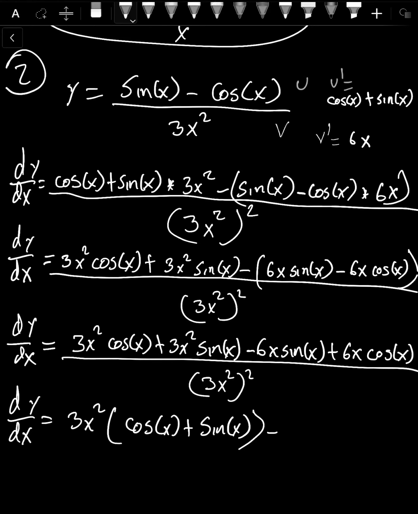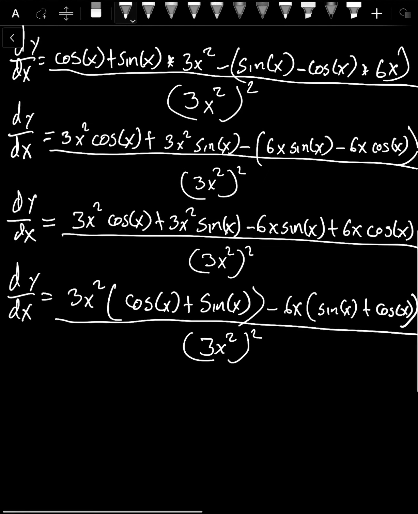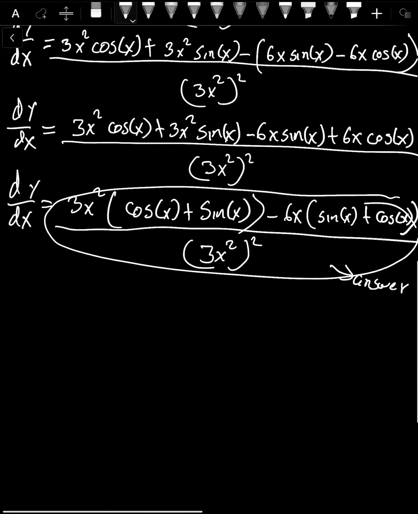Minus, we can factor out the 6x. So let's factor out 6x times sine of x plus cosine of x. There you go. All these over 3x squared. And this is our answer.